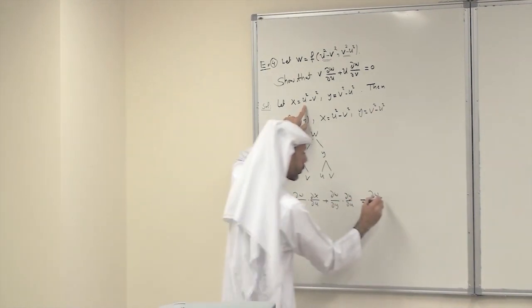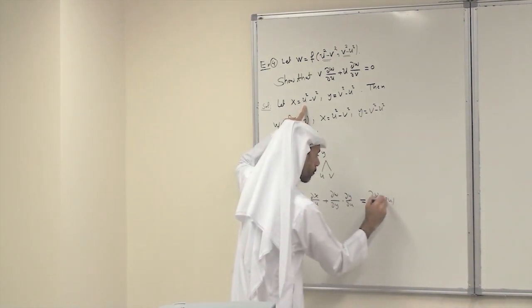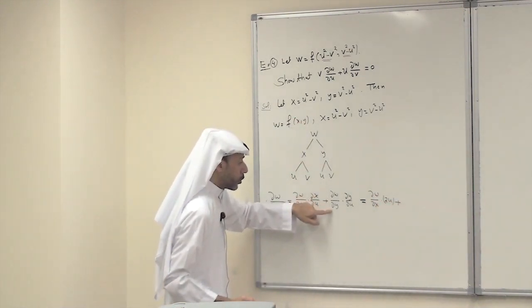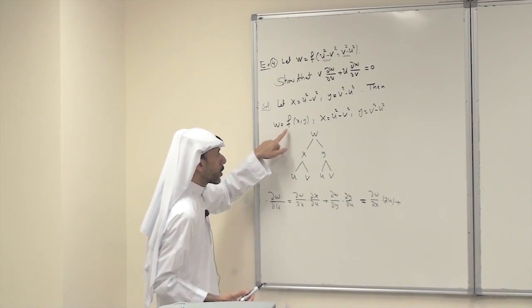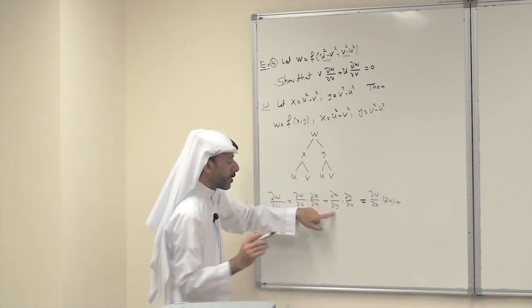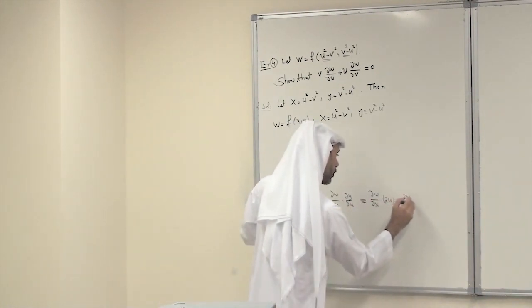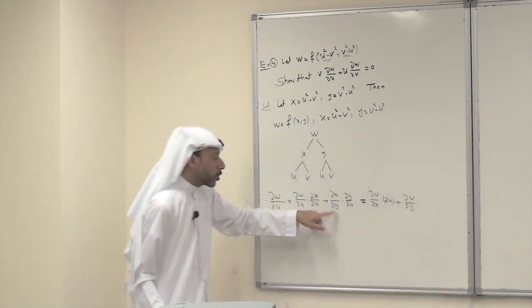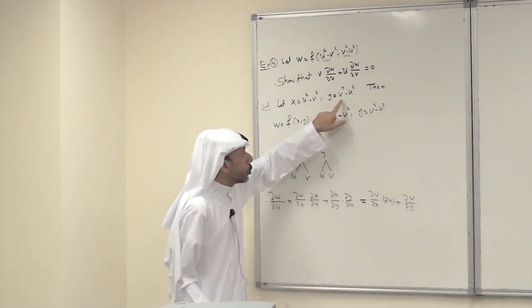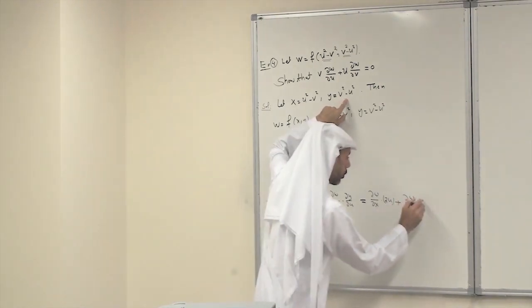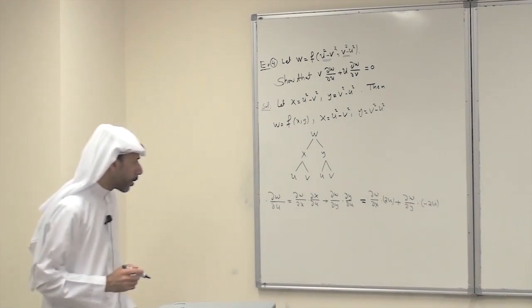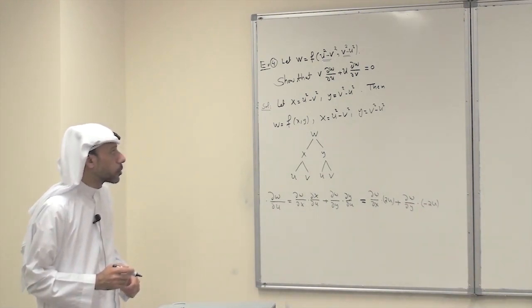This will be 2u, plus partial w, partial y. Again, there is no expression for f, so we leave this as it is. Partial w, partial y, times partial derivative of y with respect to u. This becomes minus 2u. So this is the partial derivative of w with respect to u.